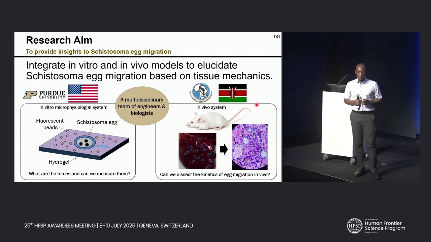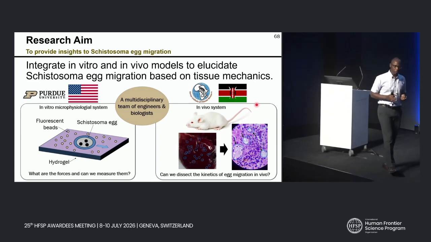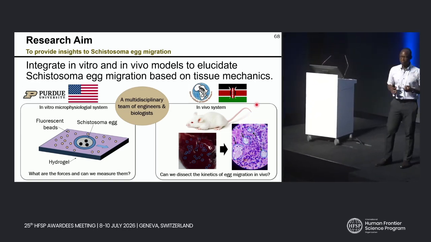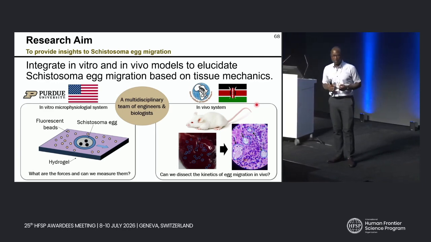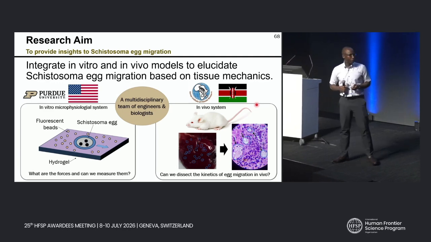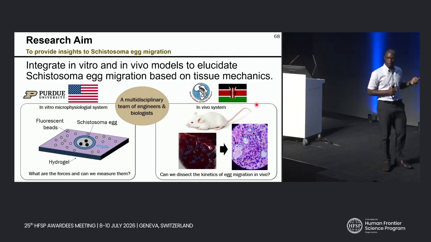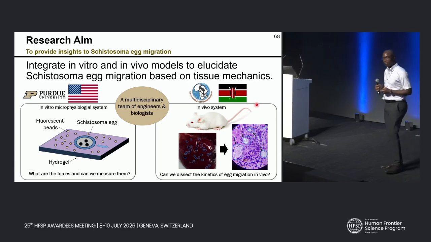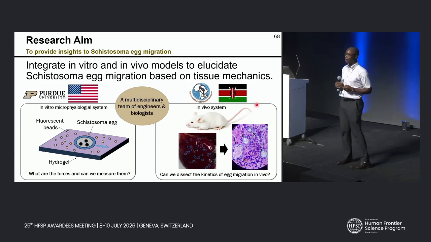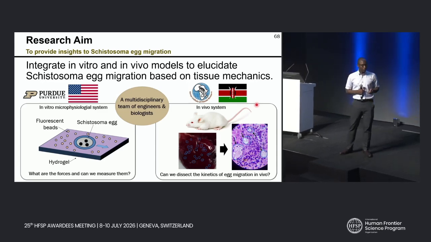So we split our roles: at Purdue we will try to come up with an in vitro system that could simplify or make it possible for us to decipher this complex process. And in Kenya, their role as great biologists would be to try to decipher the same motion in the in vivo setup.